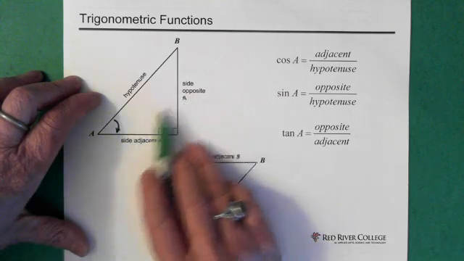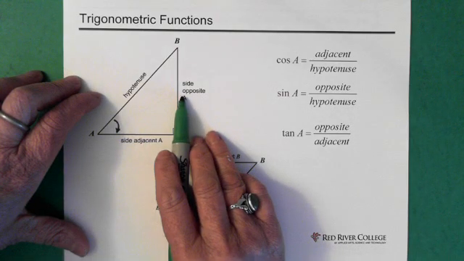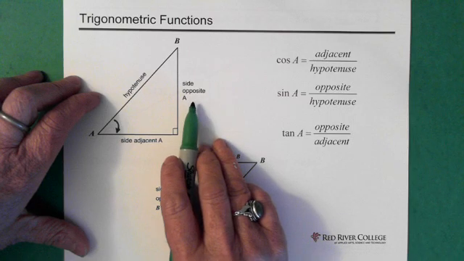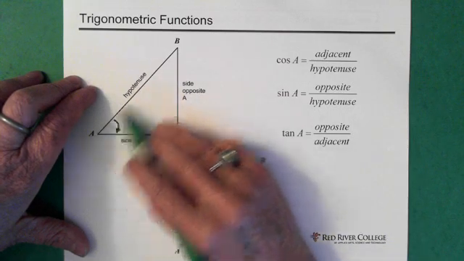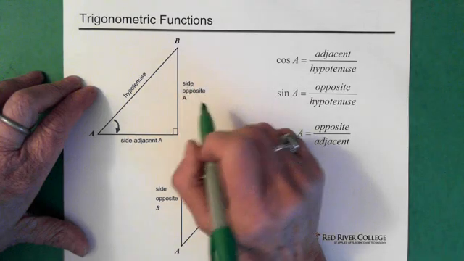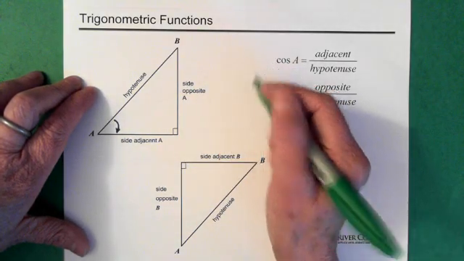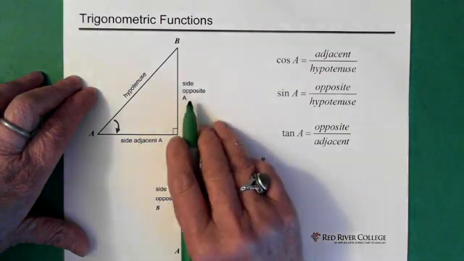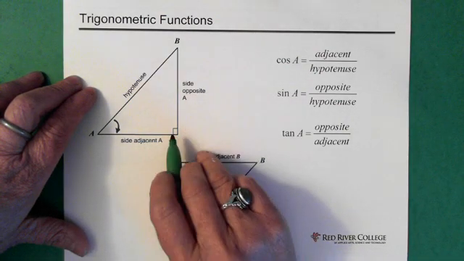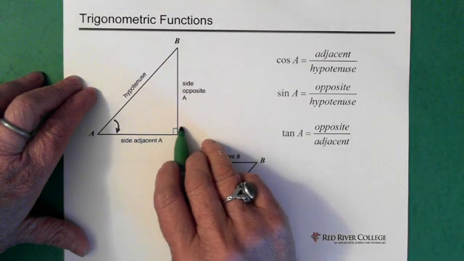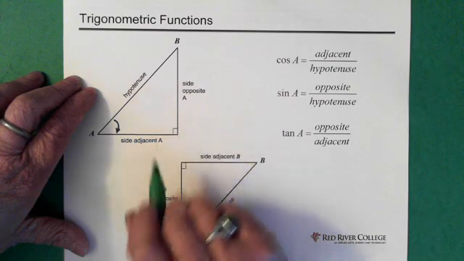And the side that's across the room from you is the side that's opposite. The long side of the right angle triangle is always the hypotenuse. And the two short sides are the sides that are connected to the right angle, or the 90 degrees.